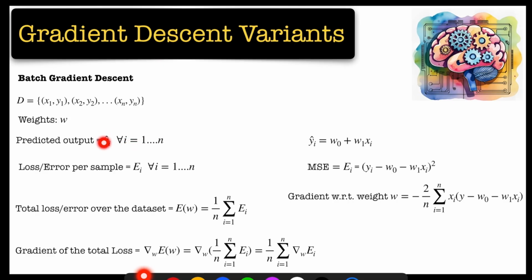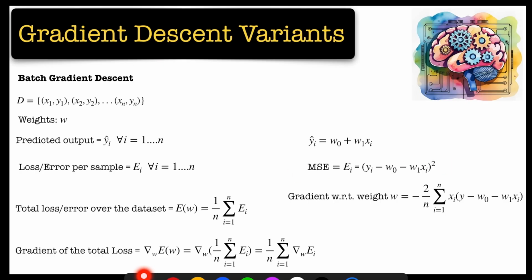We can have much more complex models, but for simplicity I am considering simple linear regression. yi hat is W0 plus W1 xi, and this is our loss function, MSE, mean square error, that is Ei: yi, the actual output, minus W0 minus W1 xi. This is the loss function.